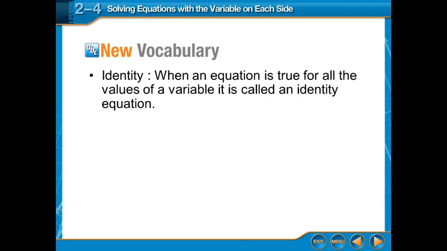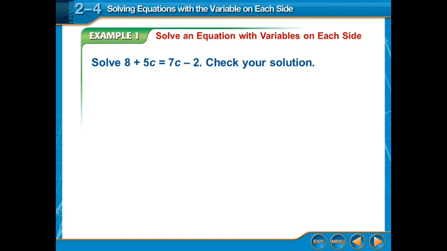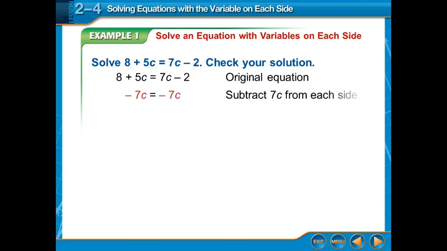Let's get started with the first equation, where we solve an equation with variables on each side. You want to make sure that you get all of your variables on one side of the equation and your constants on the other. There's a couple of different ways you could do this. You could start by subtracting negative 7c from both sides of the equation. You'll get 8 minus 2c equals negative 2.